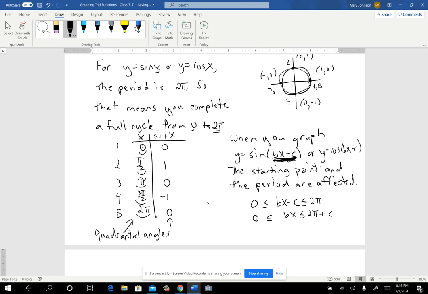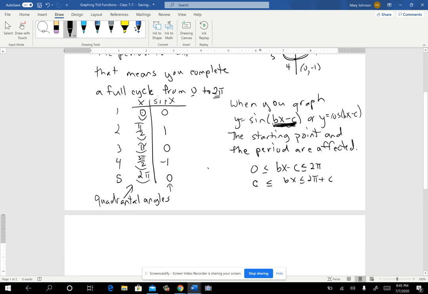We won't be doing this with the variables. We solve it for x. I'm going to go ahead and distribute that b into both. And so we wind up knowing the new starting point, like 0.1, and then this over here is the ending point. So this is our starting point, this is our ending point.